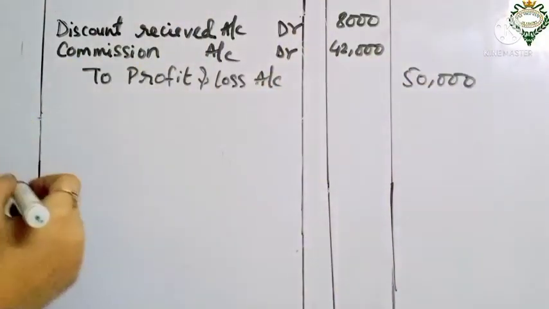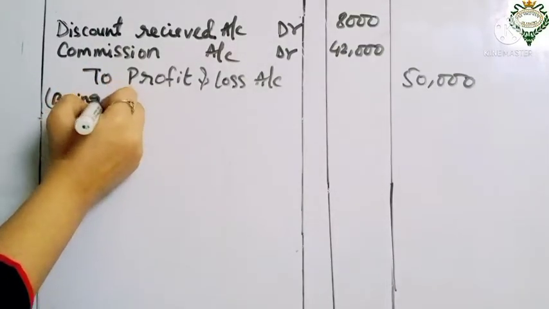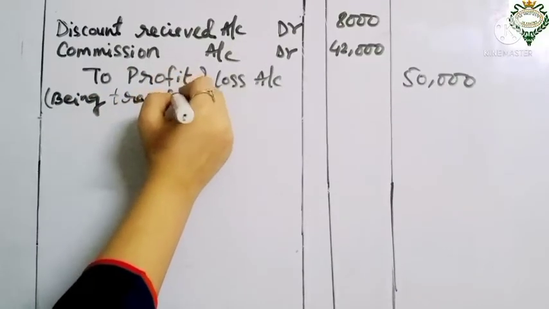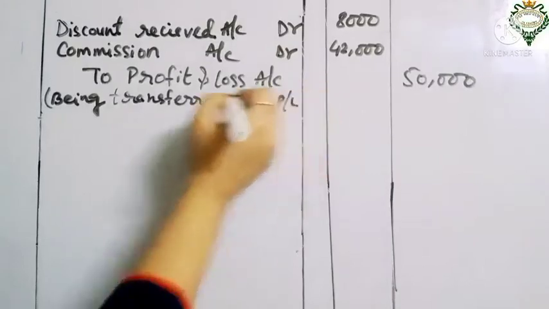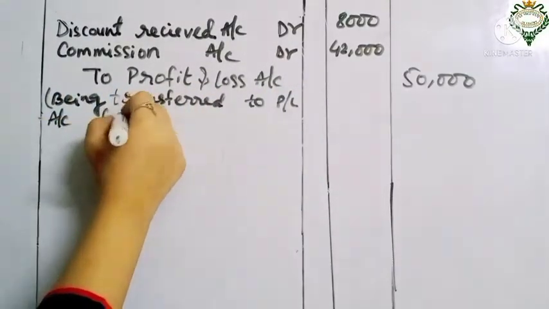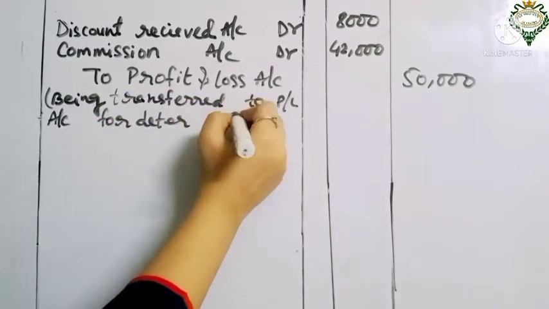Now write the narration for this being transferred to profit and loss account, okay, for determining net profit, same, okay.